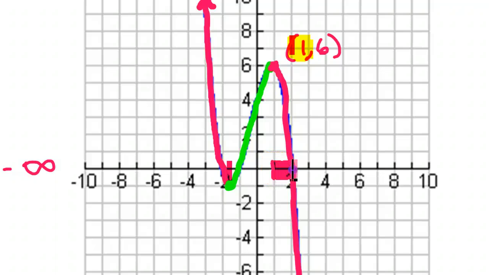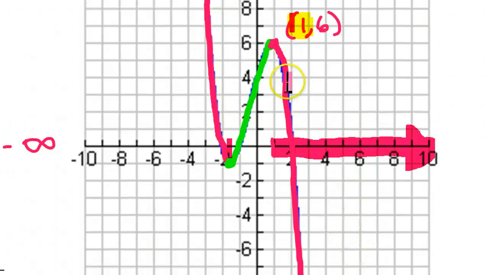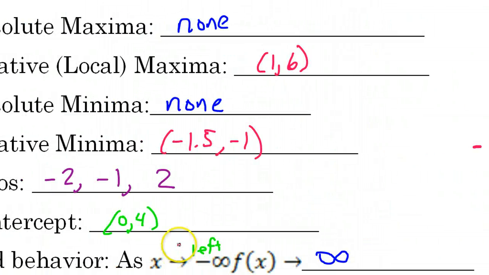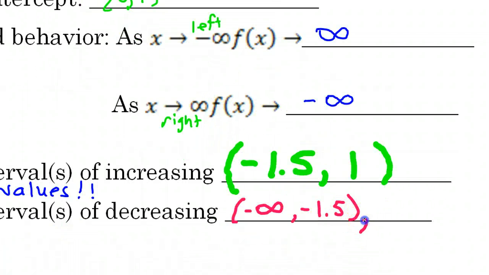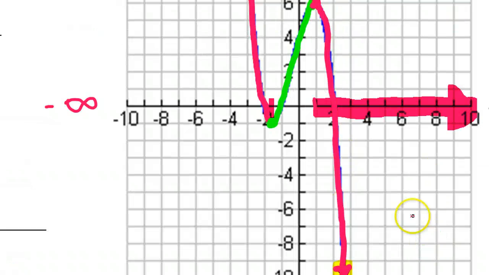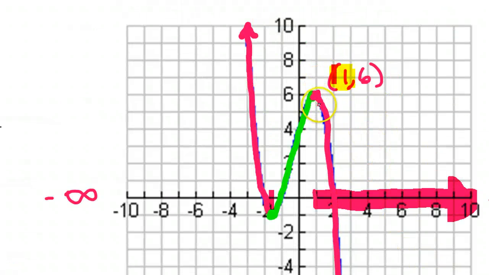Well, it starts here, but it goes to the right forever. So we'll call this 1 to infinity, positive infinity, because that's the kind of infinity you get on the right. If I look at it carefully, it looks like a little bit short of 1, maybe 0.9, 0.8. So if you said something like 0.8 to infinity, that'll work too.